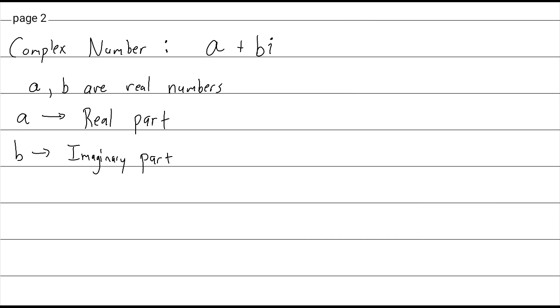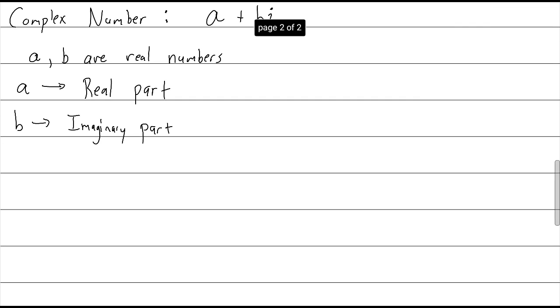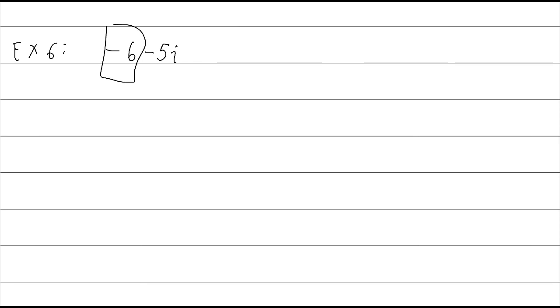So real part and imaginary part. All right, so for example, you might see something like negative 6 minus 5i. Negative 6 here, that's my real part, and then the negative 5i, or just the negative 5, would be the imaginary one.